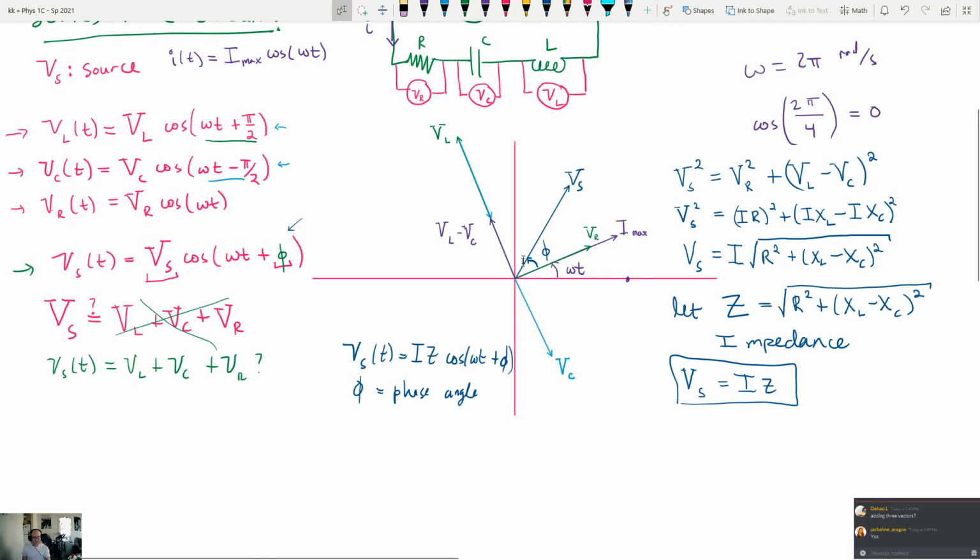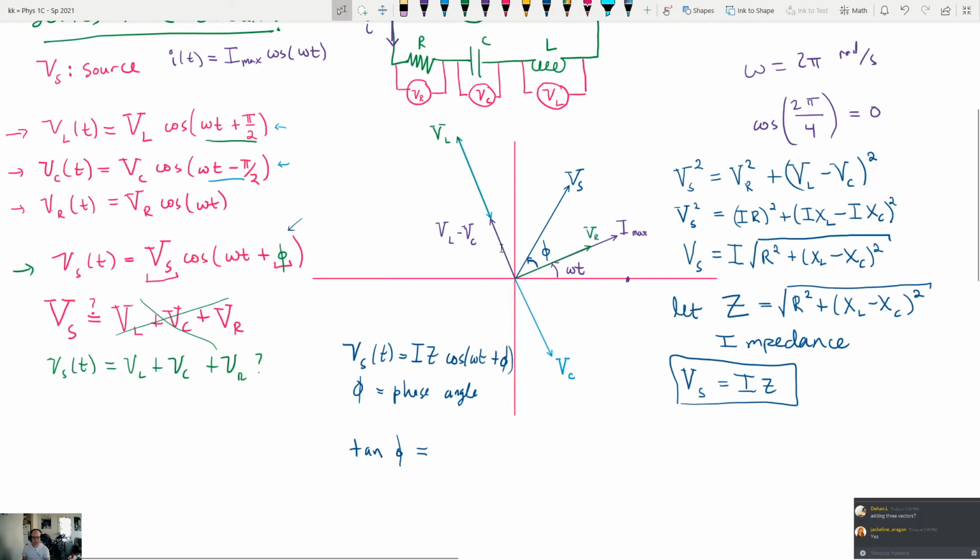In order to find the phase angle, we can basically just use trigonometry. We can look at our picture right here and say phi is an angle in a triangle that has the following sides. I can write the tangent of the angle phi. Maybe you all can tell me, what would this be equal to?